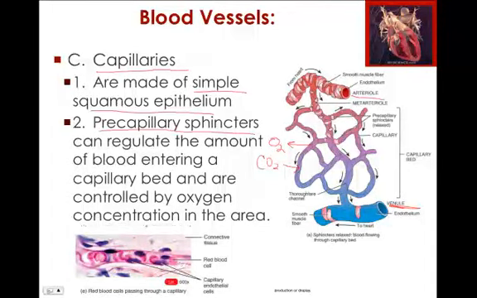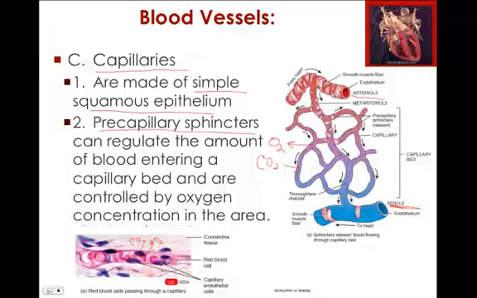The reason they do this is that our whole purpose is to expose as much surface area of that red blood cell as we can to the surface of the capillary and to the tissues, because that's where we're doing gas exchange. That way oxygen can be unloaded from the blood into the tissues, and carbon dioxide can be loaded into the blood.